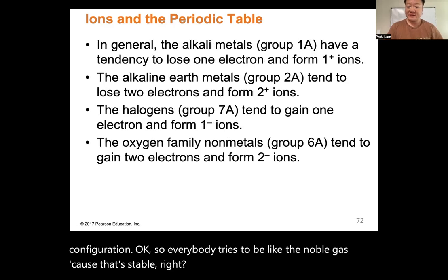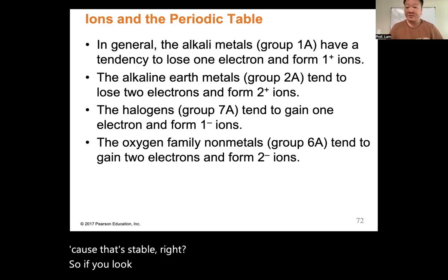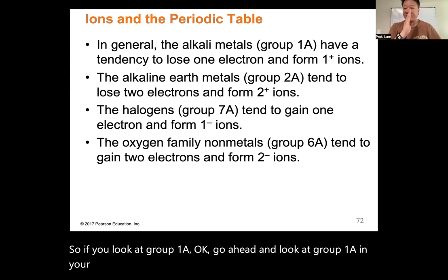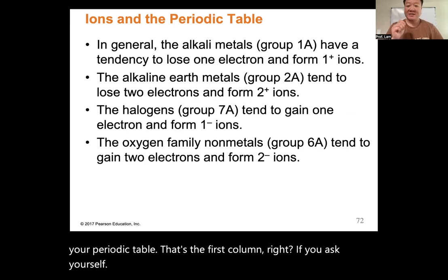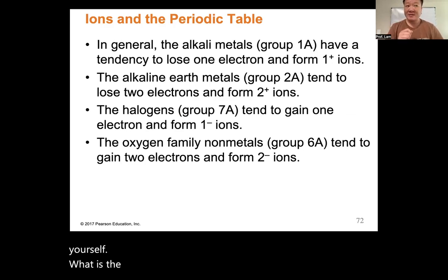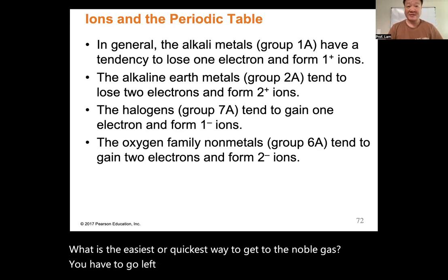So if you look at group 1A, go ahead and look at group 1A in your periodic table. That's the first column. If you ask yourself what is the quickest way to get to the noble gas, you have to go left, right? Because the noble gas is the last column.